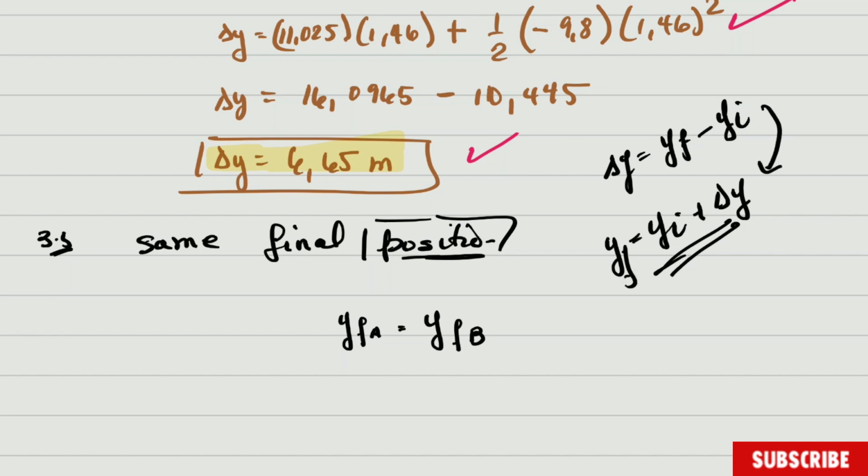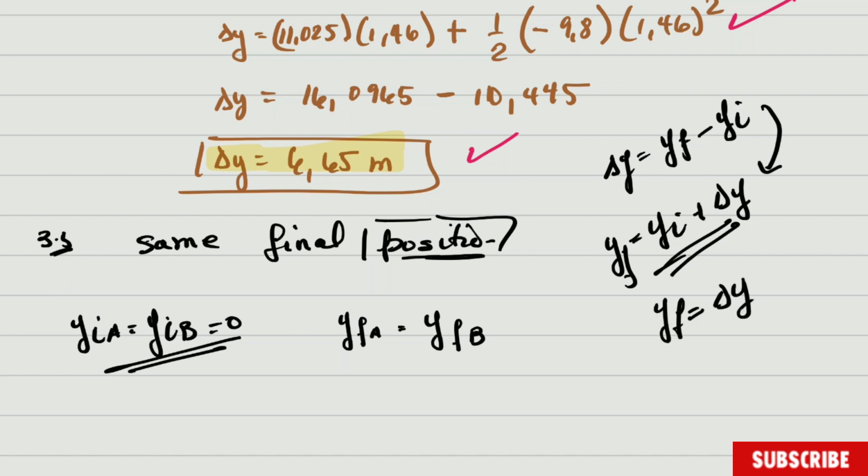Okay, so at a specific point when they are at the same height from the ground, what they actually have is the same final position. The initial position A is equal to the initial position B and is equal to 0 because both of them were thrown from the ground. So in other words, the final position will be equal to the displacement.